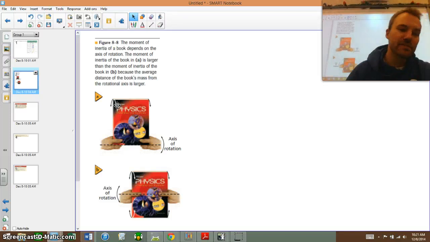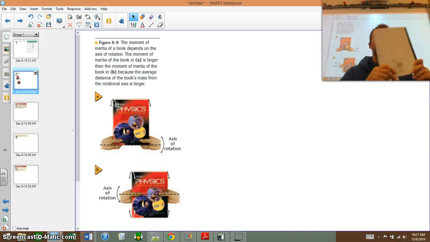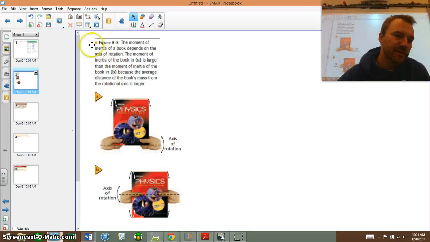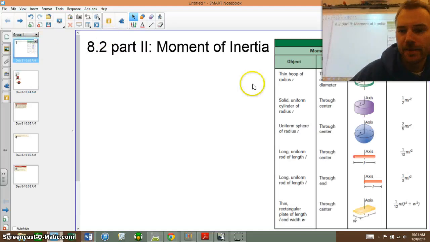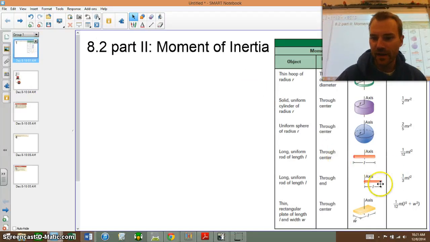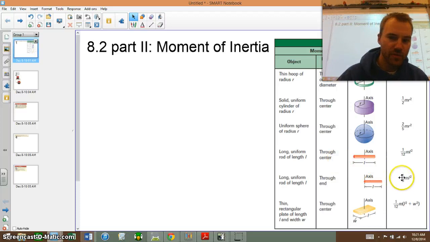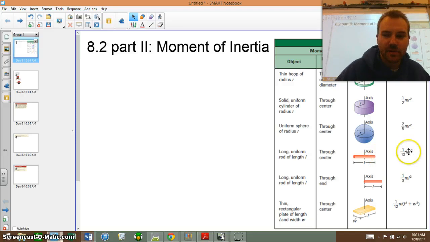So this has a larger moment of inertia than this does, and it's kind of mimicked if you look over here. Spinning something around the end is 1/3 ml squared, around the center 1/12. So this is much easier to start and stop spinning because of the 1/12 versus the 1/3. Moment of inertia: how hard it is to start and stop things spinning.